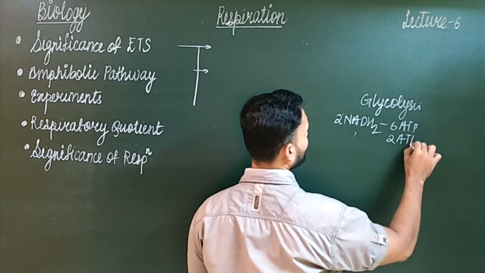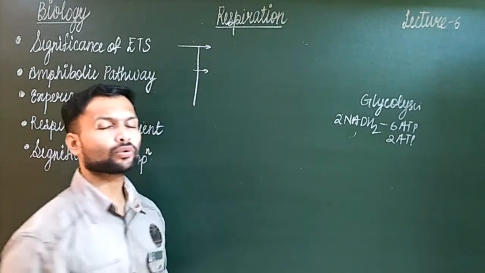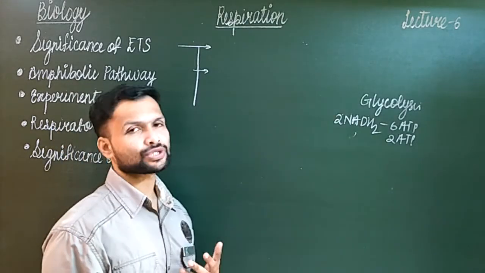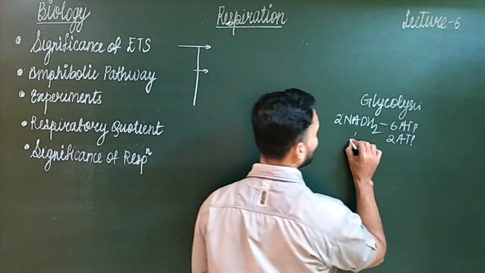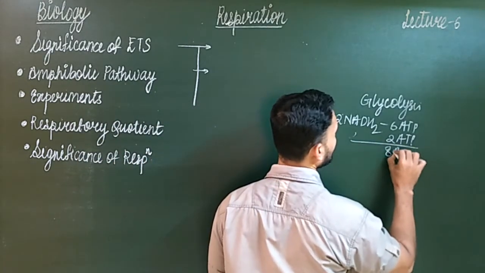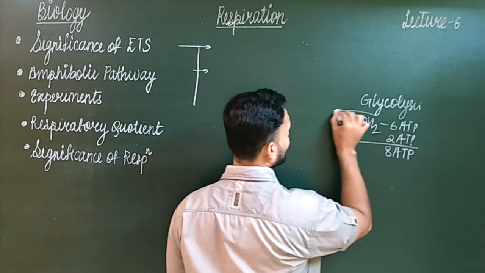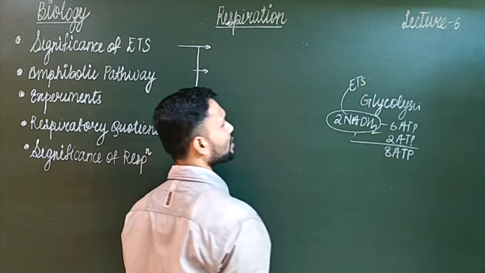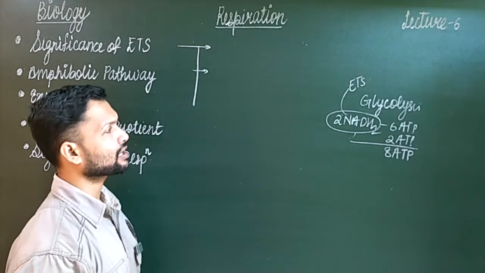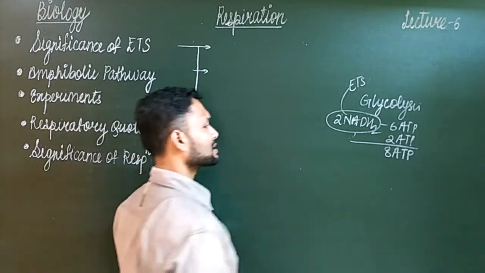Actually 4 ATPs are direct ATPs, but 2 ATPs we have used in the process, so 4 minus 2 will give you 2. So out of those 8 ATPs, these 6 ATPs are released via ETS. This NADH2 has to enter the ETS to give those ATPs.